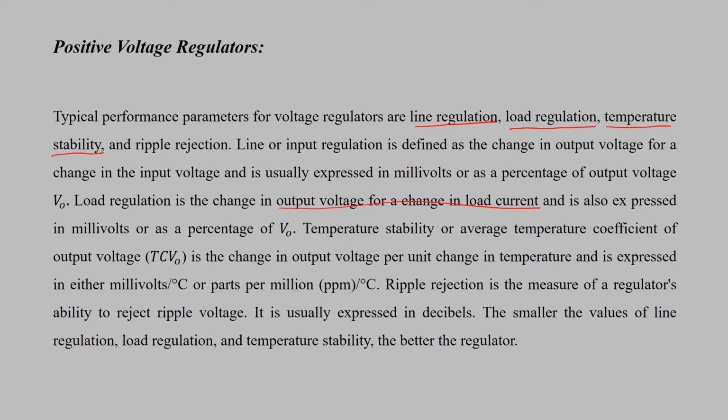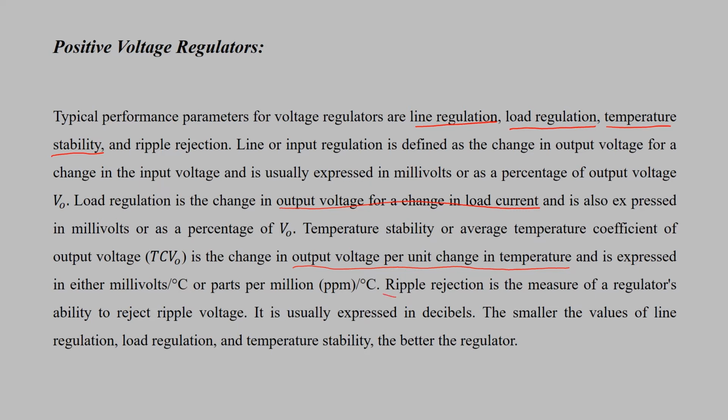Temperature stability, or average temperature coefficient of output voltage TCVO, is the change in the output voltage per unit change in temperature and is expressed either in millivolt per degree centigrade or ppm per degree centigrade.